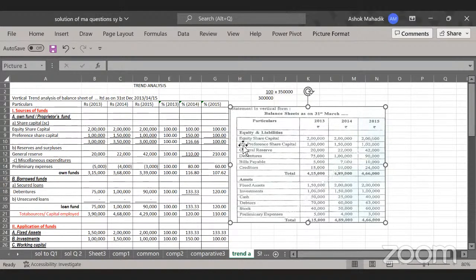Since trend analysis is there, you need at least a minimum of 3 years data. So first draw 3 amount columns, then draw 3 percentage columns, one for each year. So particulars, 3 years amount columns and 3 years percentage columns.